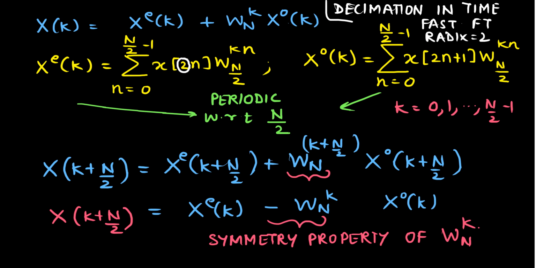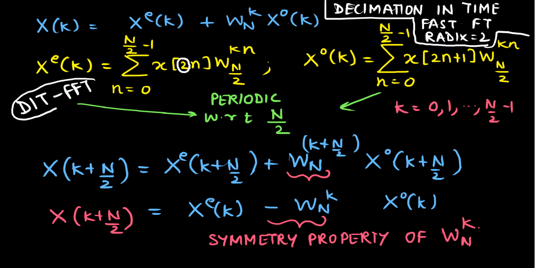So this is decimation in time fast Fourier transform with radix 2, and it is also known as, or it can also be written as DIT-FFT. So this is decimation in time fast Fourier transform.